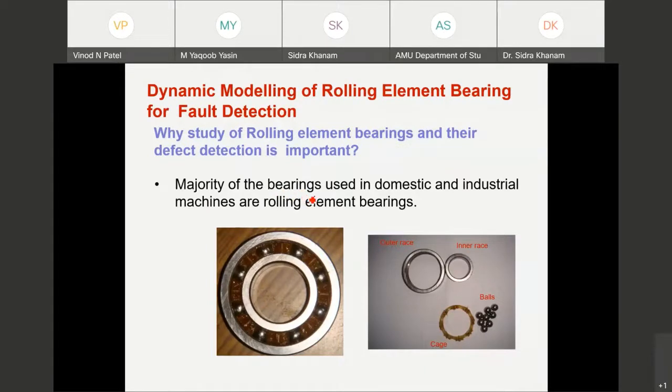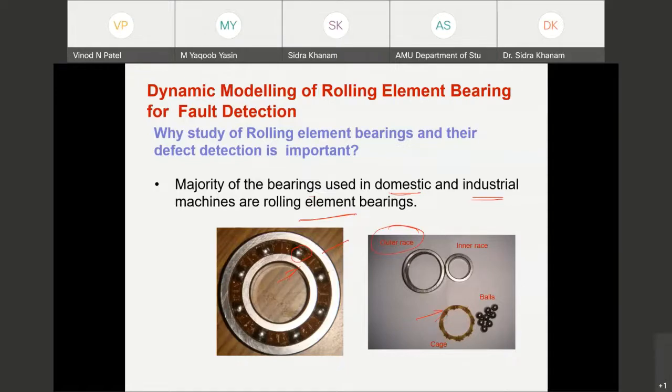the majority of the bearings used in domestic or industrial machines are rolling element bearings. A rolling element bearing has an outer race, an inner race, and rolling elements, which can be either balls or rollers, and all these balls are separated by means of a cage.